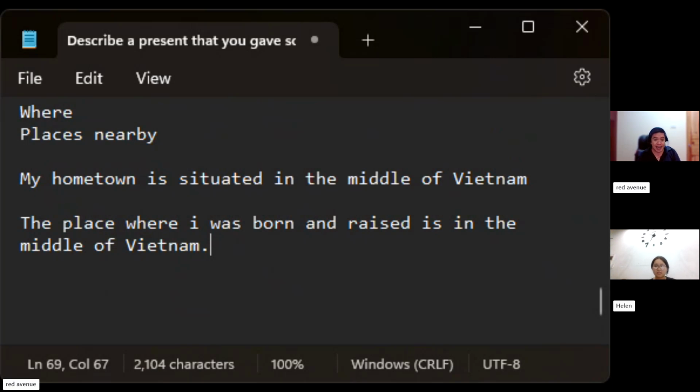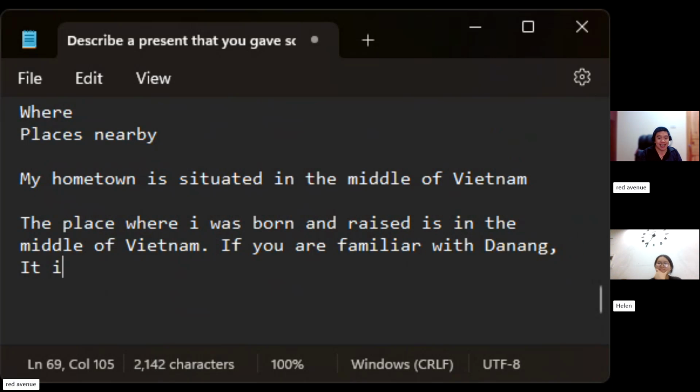Okay, so if you are familiar with Da Nang, it is in its southern part. Done. Two sentences. Can you read it all? The place where I was born and raised is in the middle of Vietnam. If you are familiar with Da Nang, it is in its southern part.